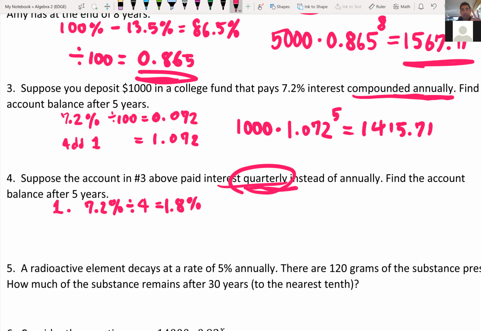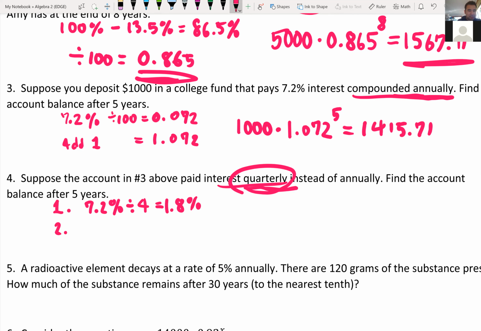In other words, every quarter, meaning every 3 months, you're going to receive 1.8% of interest. At the end of June you get 1.8%, at the end of September 1.8%, and at the end of December another 1.8%, and that's a total of 7.2% for the whole year.